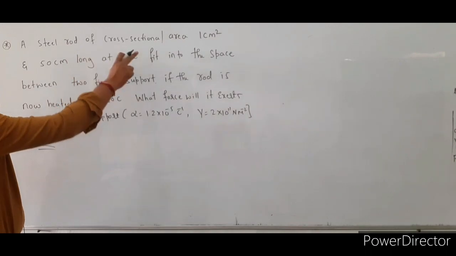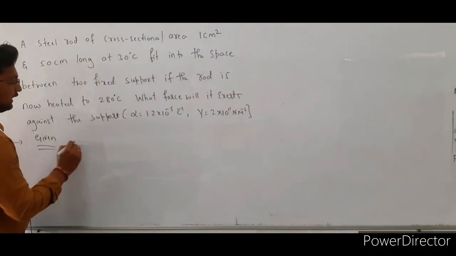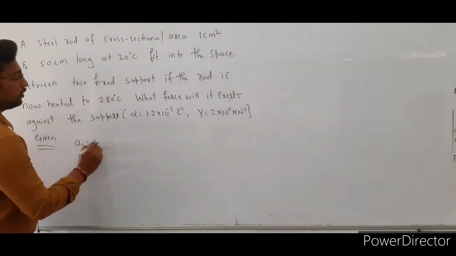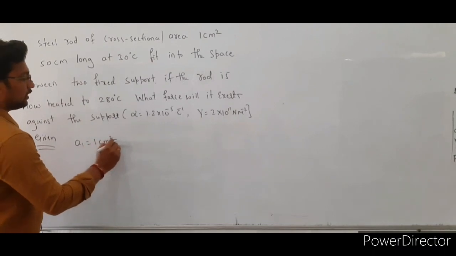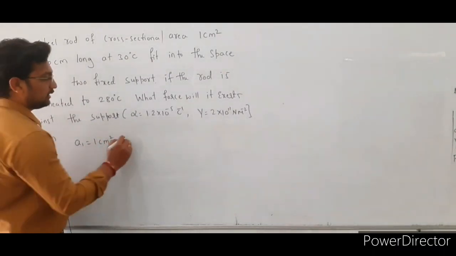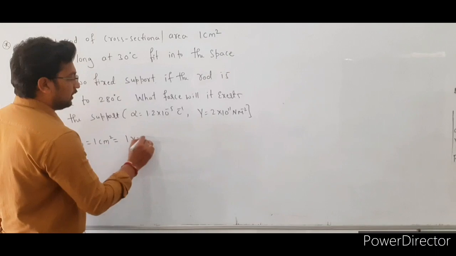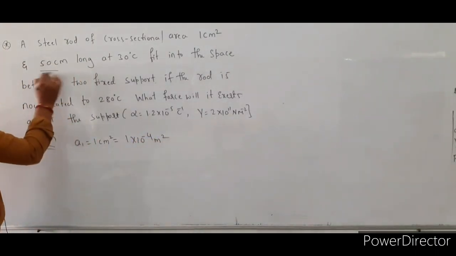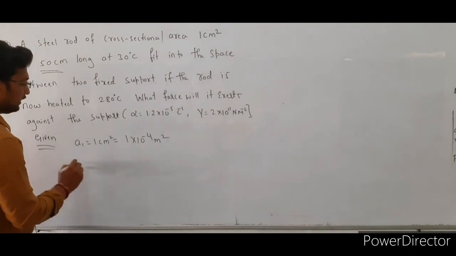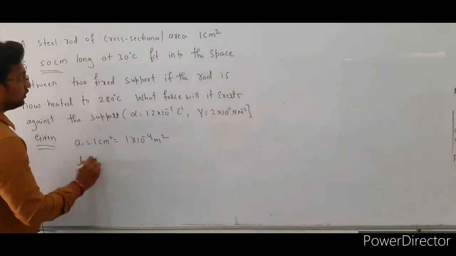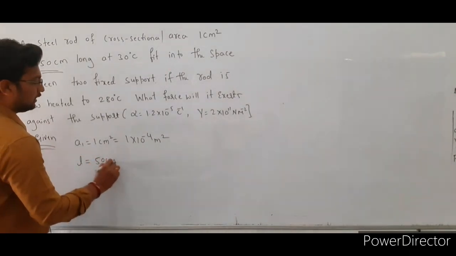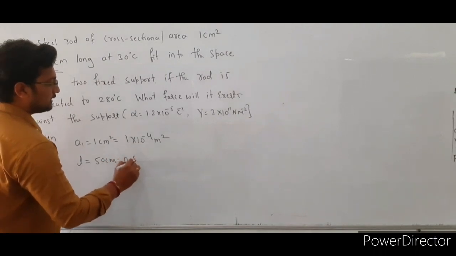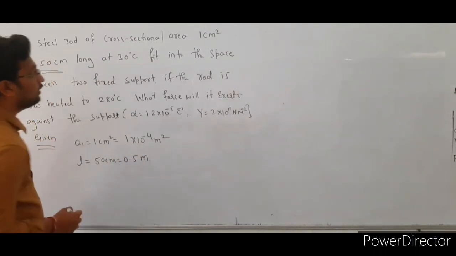A steel rod cross sectional area. So the area is given, A is equal to 1 centimeter square. Convert this into the SI system, that is 1 into 10 to the power of minus 4 meter square. After that, the length is given in centimeters, that is L is equal to 50 centimeter. Convert this into the SI system, that is 0.5 meter.